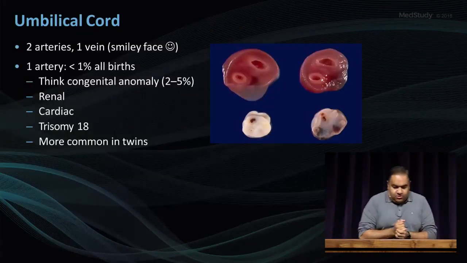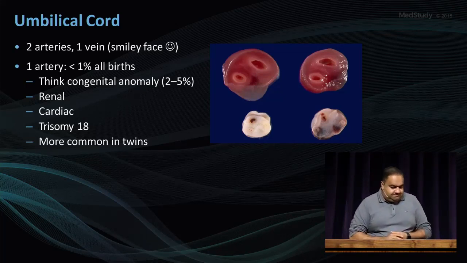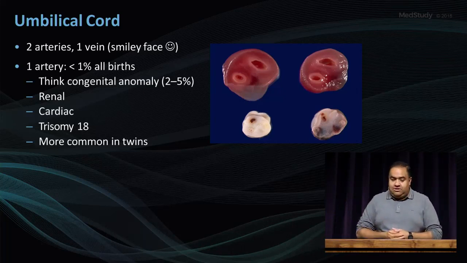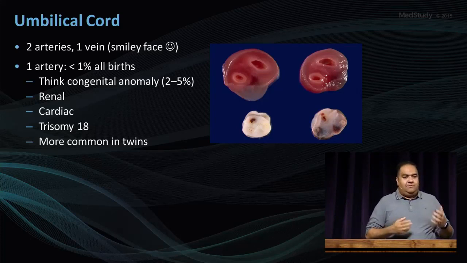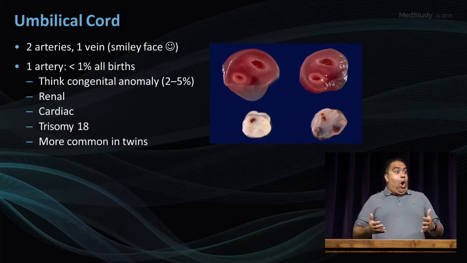All right, the umbilical cord. The average length of an umbilical cord is about 50 to 60 centimeters. If it's less than 30, usually they have a poorer outcome. Everybody talks about the two arteries and one vein making more of a smiley face. I think about it in the emoji world. It looks more like the wow emoji, you know.